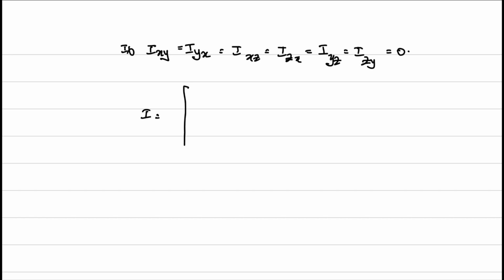If Ixy is equal to Iyx is equal to Ixz is equal to Izx is equal to Iyz is equal to Izy is equal to 0, what happens to that matrix? It will be Ixx 0 0, 0 Iyy 0, 0 0 Izz.